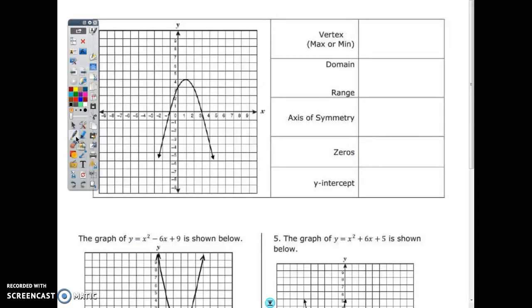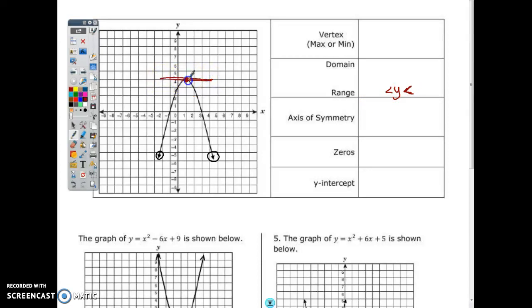Okay, the only difference in problem 3 is that this opens downward. So the only thing that's going to be different is that it has a maximum point and the range is going to be a little bit different. So we're going to start range like this again. But the lowest point that it goes to is not 4. That's the highest point that it goes to.